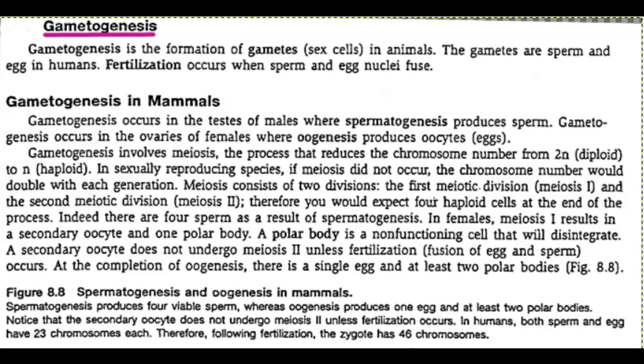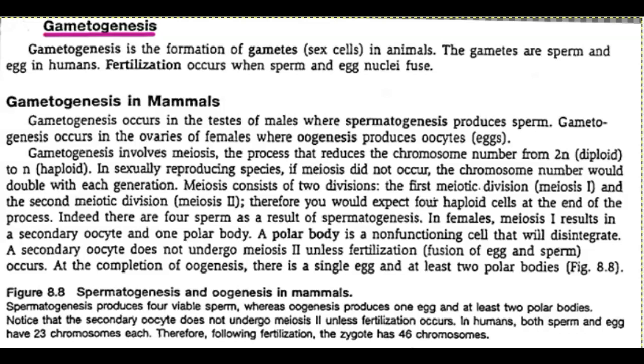Gametogenesis involves meiosis, a process that reduces the chromosome number from a diploid to a haploid number. In sexually reproducing species, if meiosis did not occur, the chromosome number would double with each generation. Meiosis consists of 2 divisions: the first meiotic division, meiosis 1, and the second meiotic division, meiosis 2.